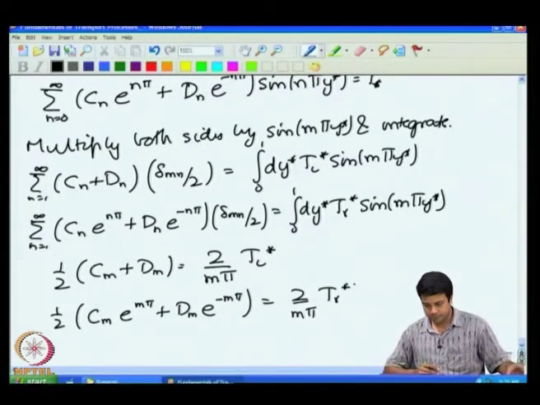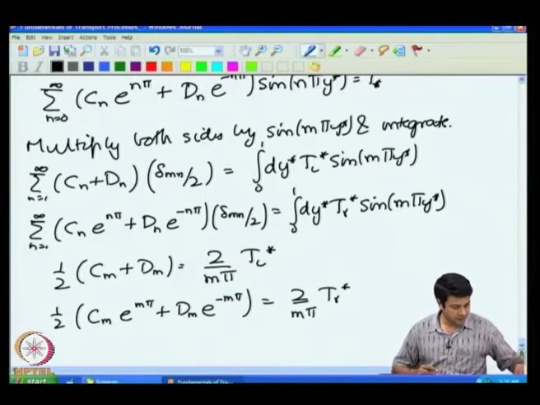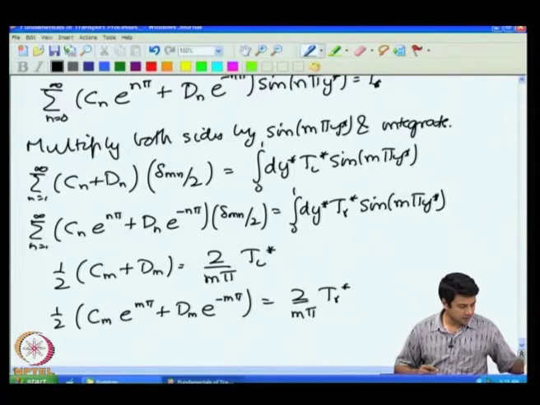And these are two simultaneous equations which I can now solve in order to get the constants C n and D n.